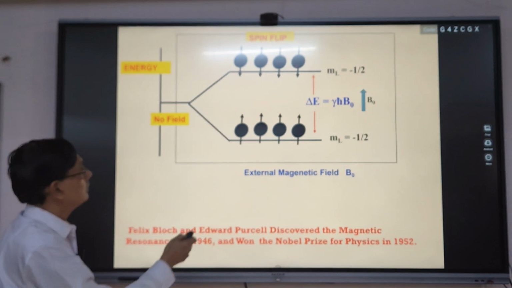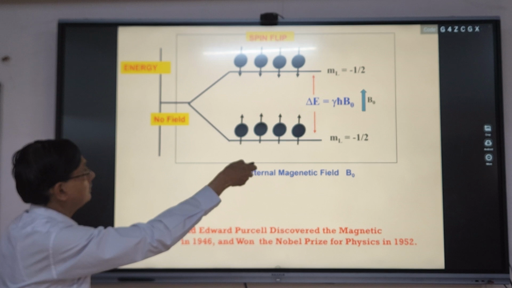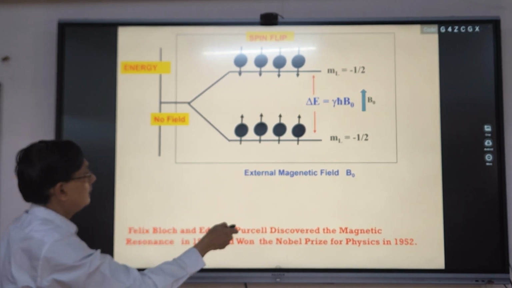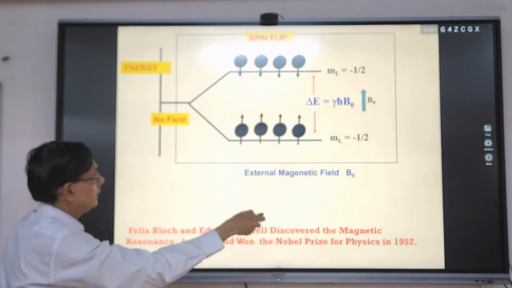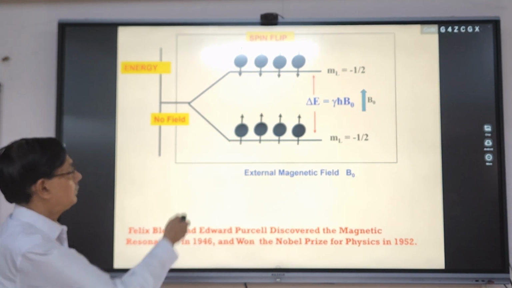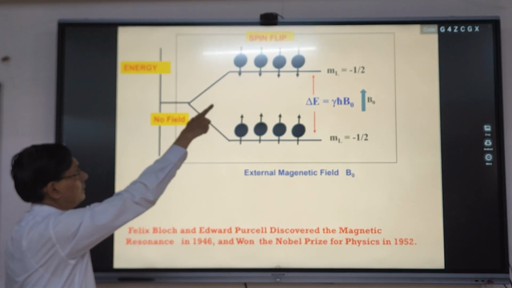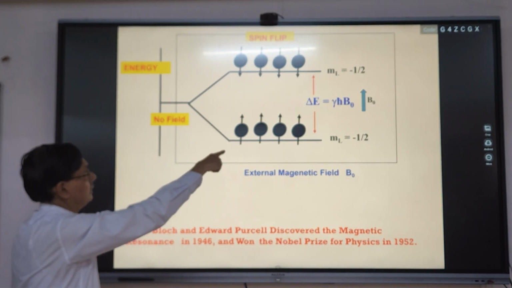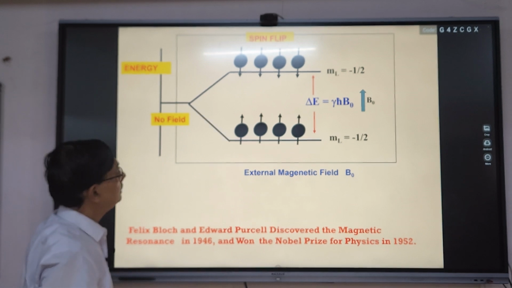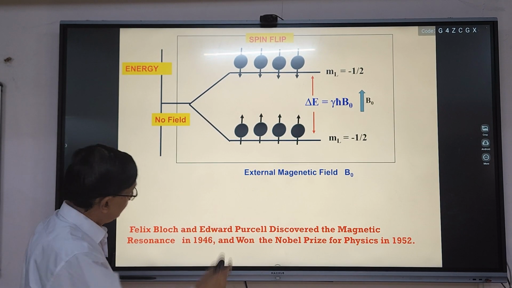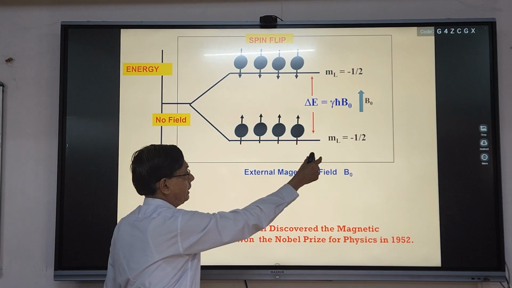So that is actually the higher energy level, and that is the lower energy level, and you can very easily understand that this is anti-parallel spin. It is parallel spin, and yes, there is a particular type of energy.